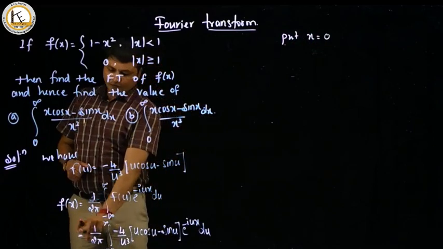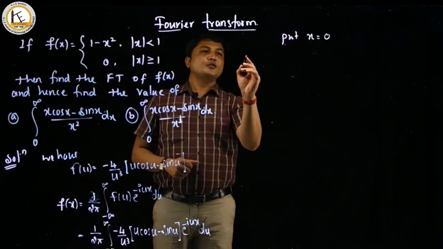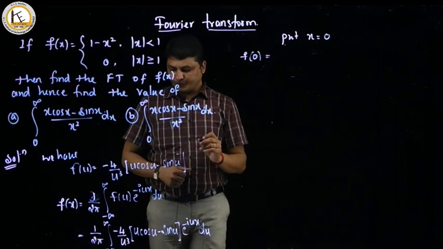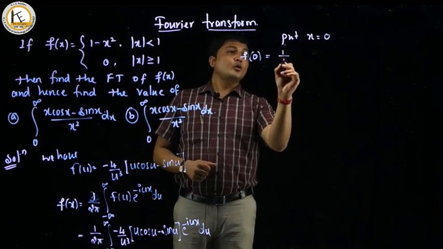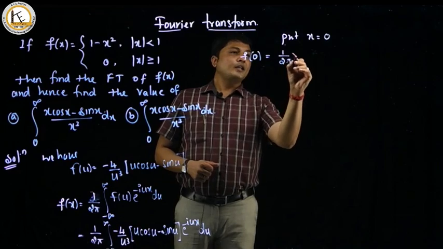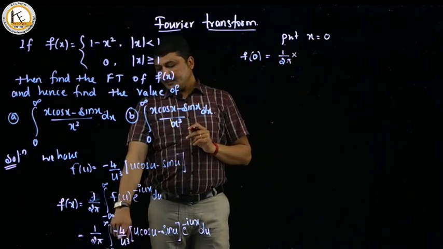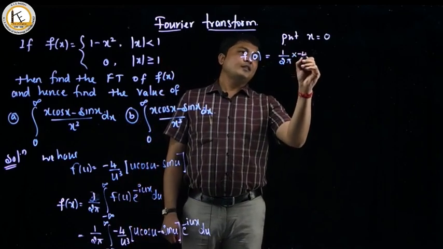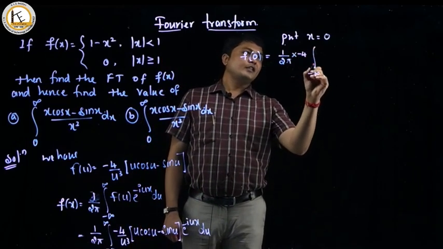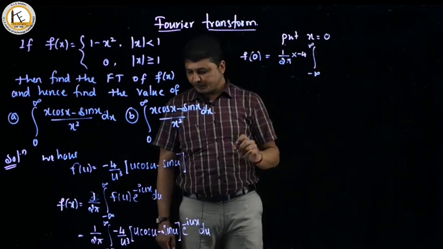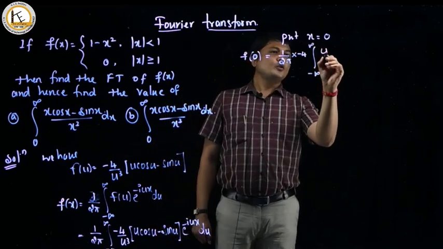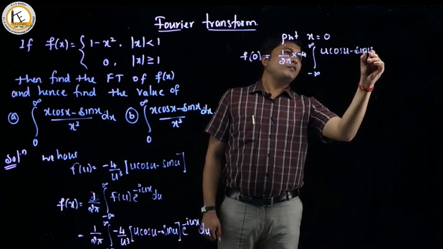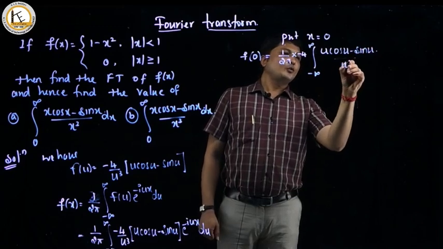Since this is f of x, when we put x equal to 0, it becomes f of 0 is equal to 1 upon 2 pi into, I will take this minus 4 outside, the remaining integral is minus infinity to plus infinity u cos u minus sin u divided by u cube.